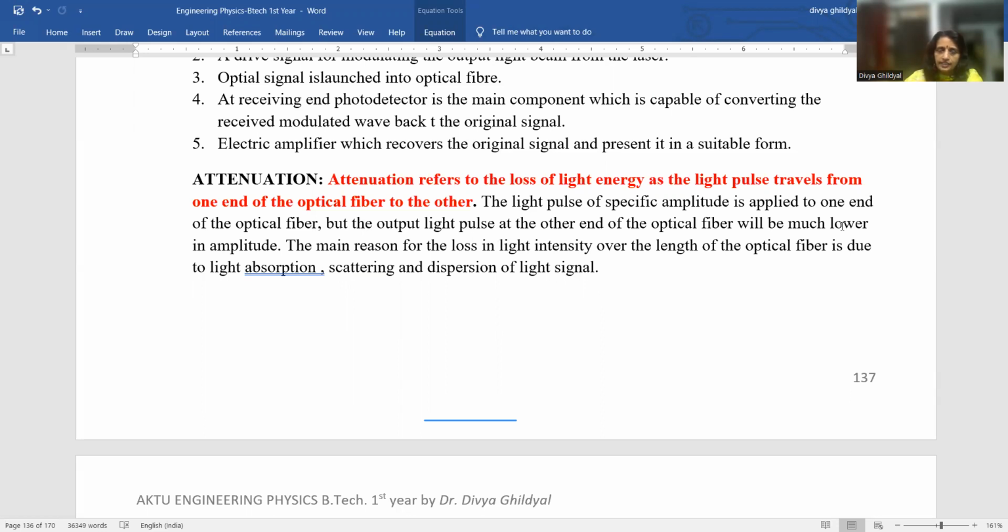Main reason for this is the loss in signal. Maybe it is optical phenomena. Loss in signal can be due to absorption, scattering, dispersion of the light signal.